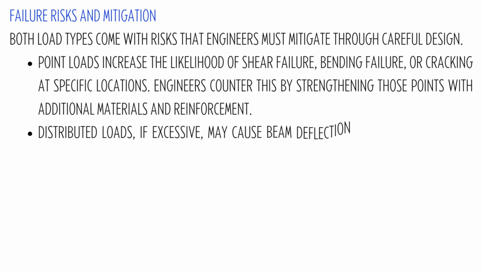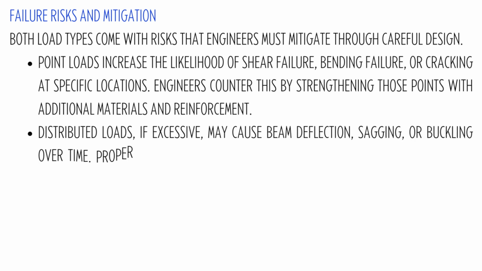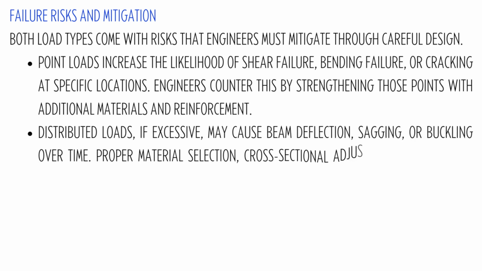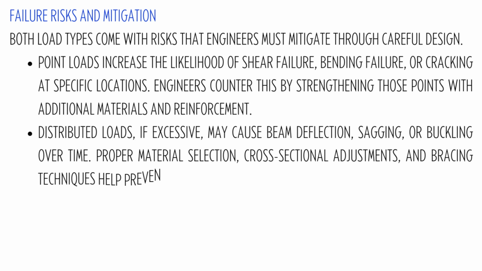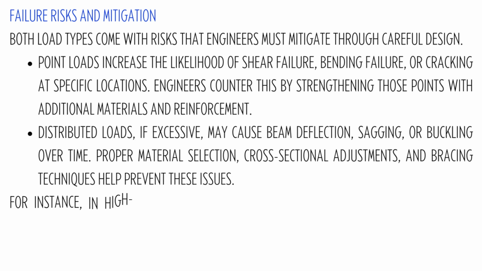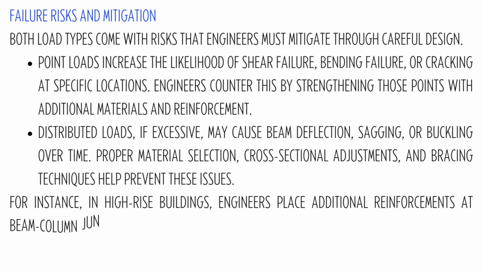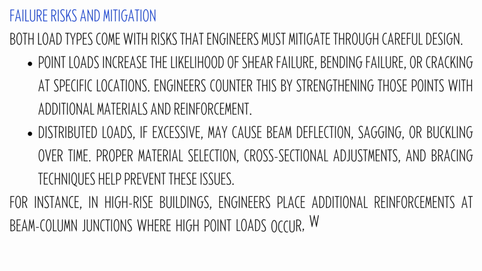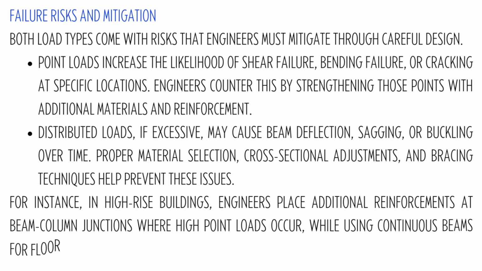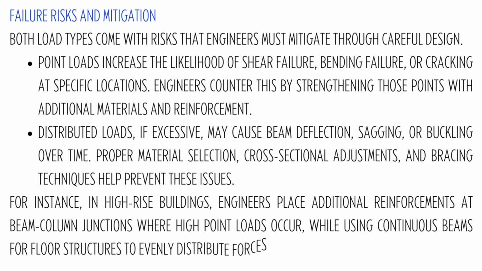Distributed loads, if excessive, may cause beam deflection, sagging, or buckling over time. Proper material selection, cross-sectional adjustments, and bracing techniques help prevent these issues. For instance, in high-rise buildings, engineers place additional reinforcements at beam-column junctions where high point loads occur, while using continuous beams for floor structures to evenly distribute forces.